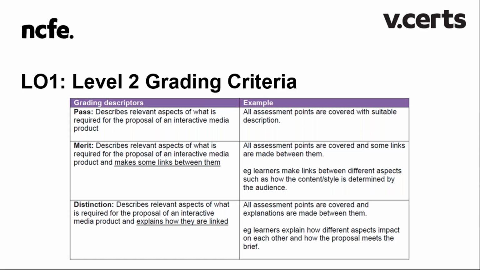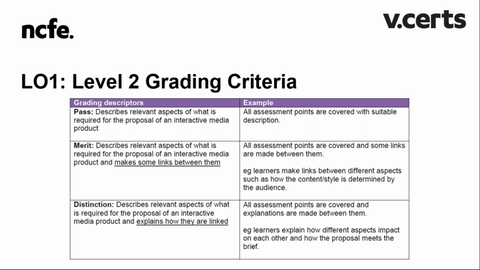And then for a distinction, they need to make links between aspects and explain the impact of these links. So an example here, learners may explain how poor content or a certain navigation style could positively or negatively impact on the user target audience, and that's all part of those elements of that proposal.